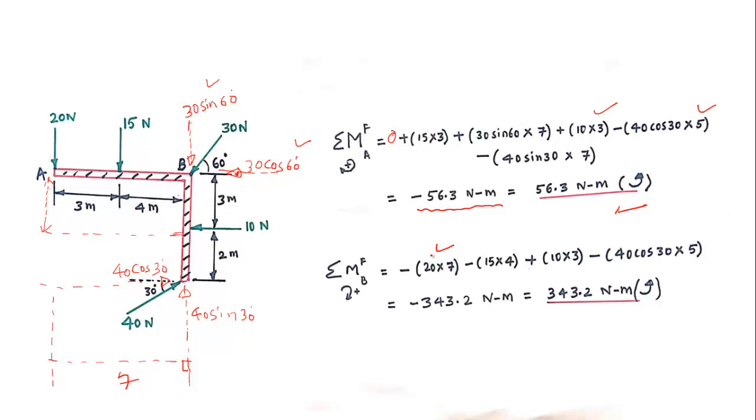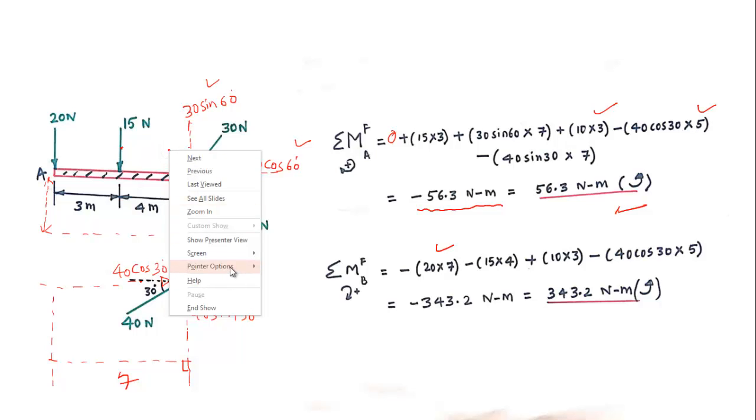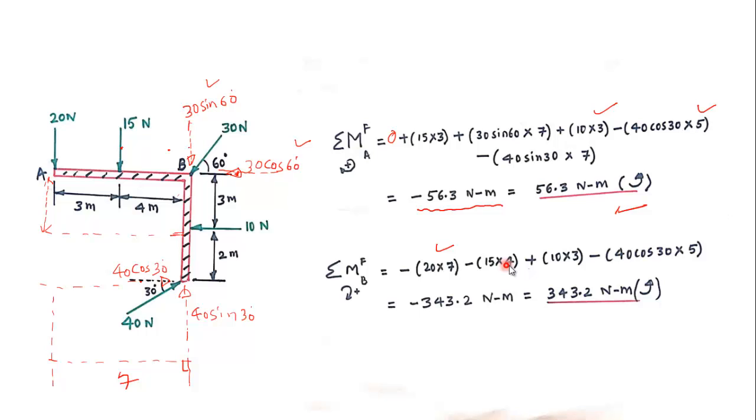Then this 15 Newton force, the perpendicular distance from this point to this point is 4. Therefore 15 into 4, it is minus, because that will also create anti-clockwise, plus this force 10 into 3, it is clockwise.